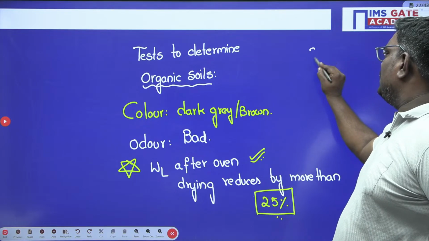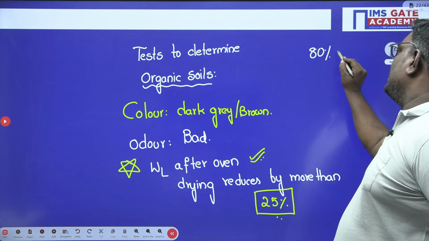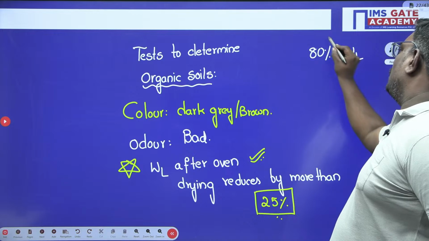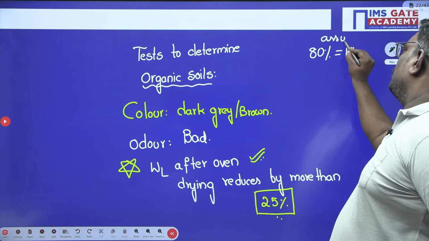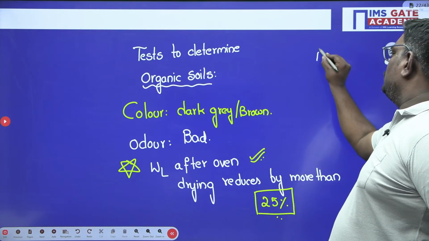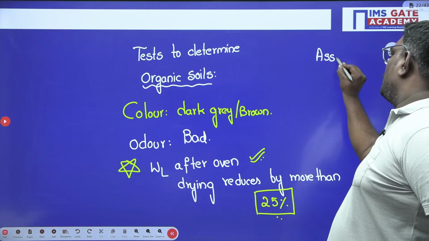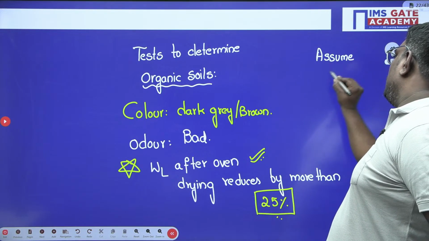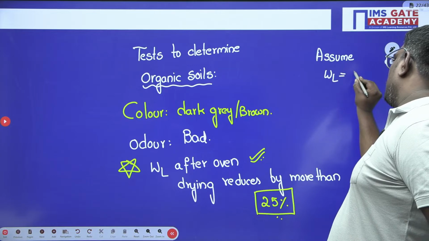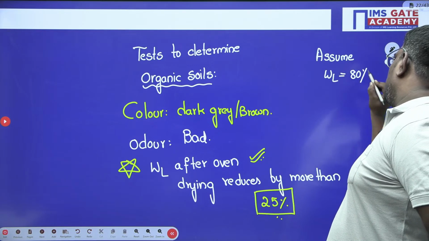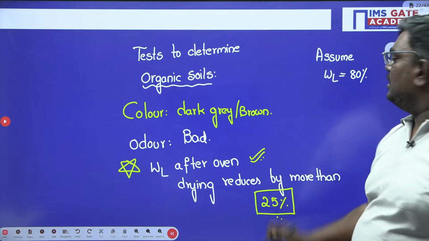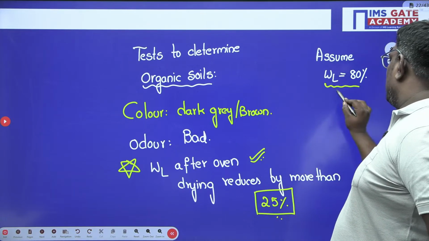Now let me tell you in a mathematical way. Suppose the liquid limit is given as 80 percent.